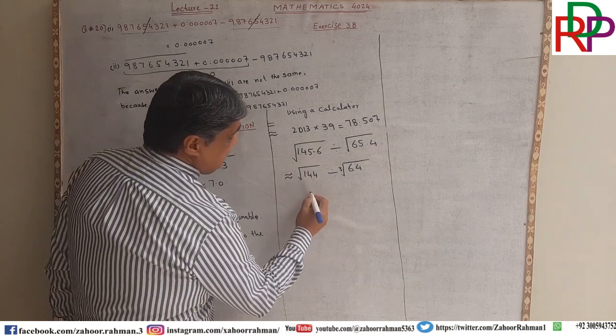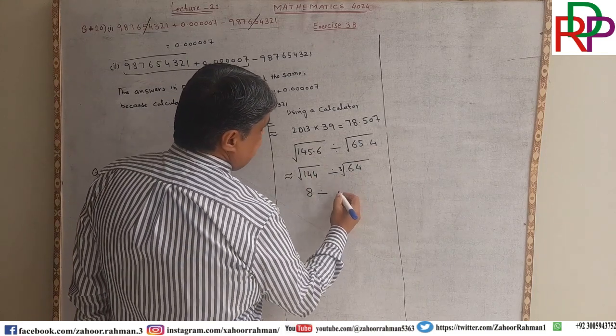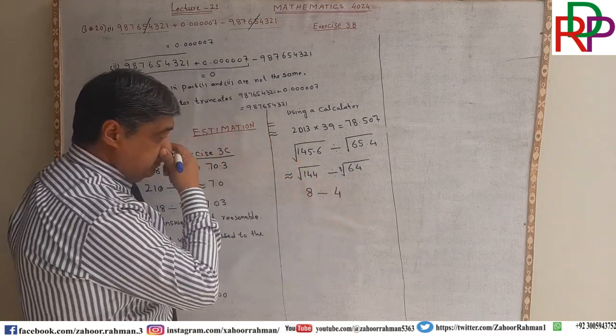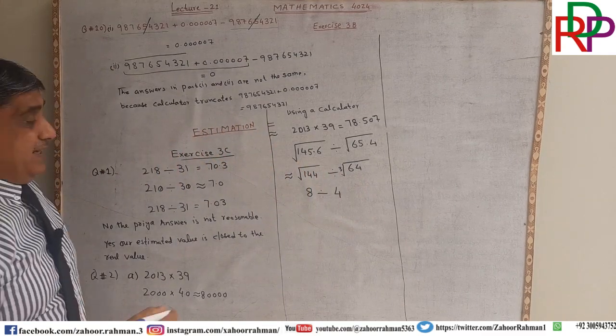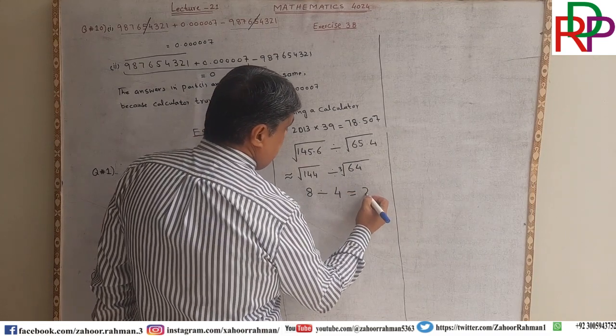So this is equal to 8 and that is equal to 4, and then it is equal to 2.